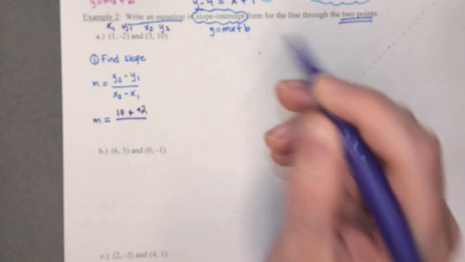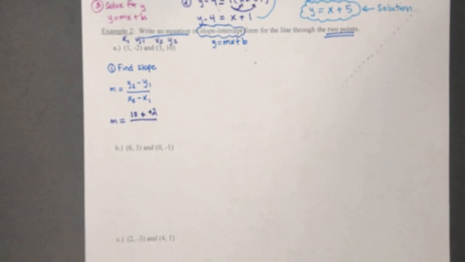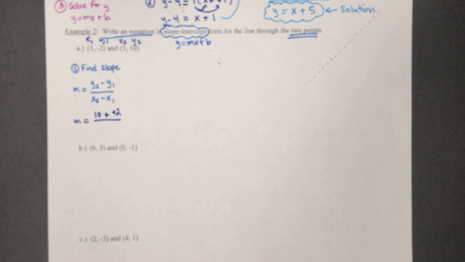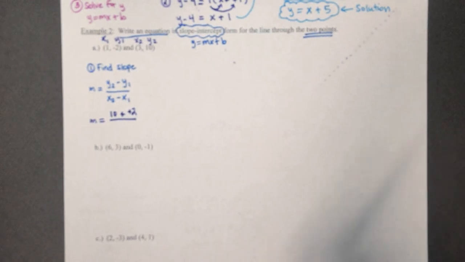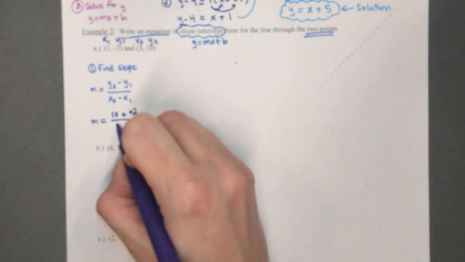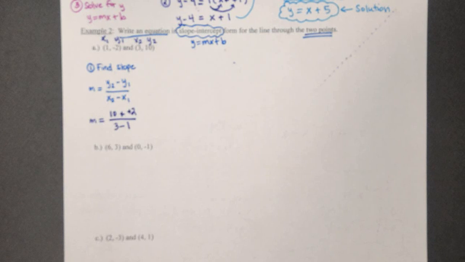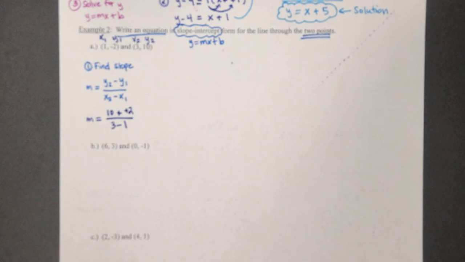So 10 minus negative 2 is going to be 10 plus 2. And then on the bottom, you're going to have 3 minus 1. Okay, and then will you guys calculate that across? And I'm going to have to make a part 2.